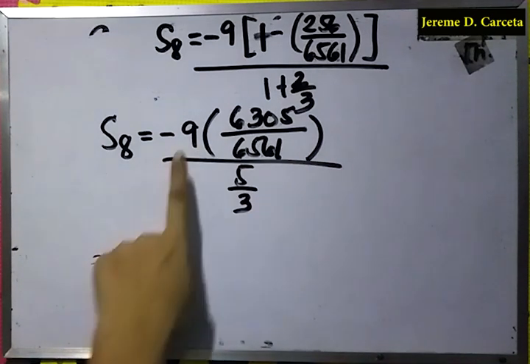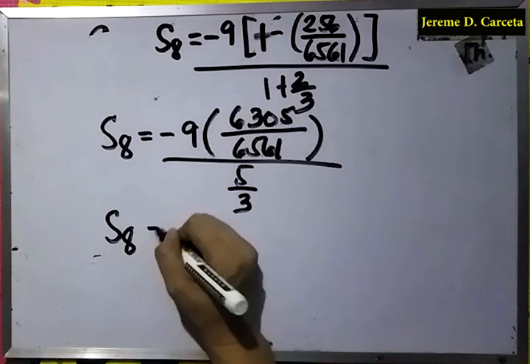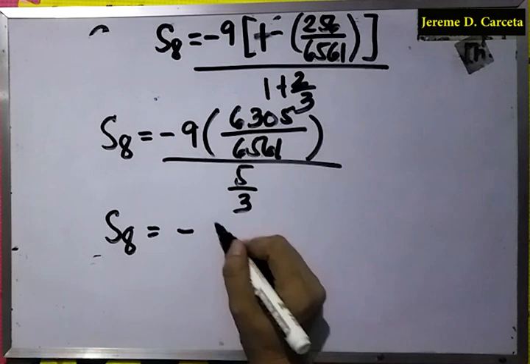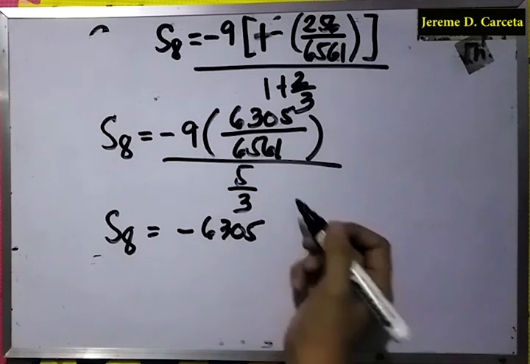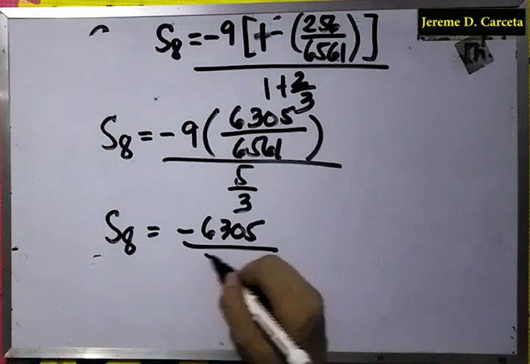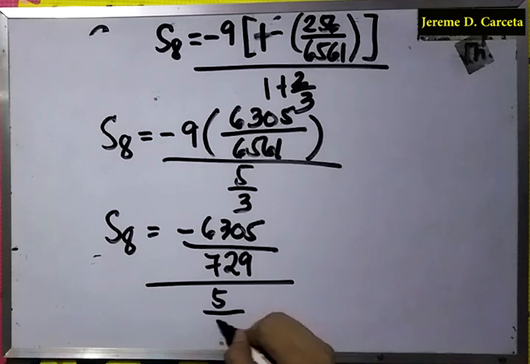We still have to multiply negative 9 by this fraction. So S of 8 is equal to negative 6,305 over 729 all over 5/3.